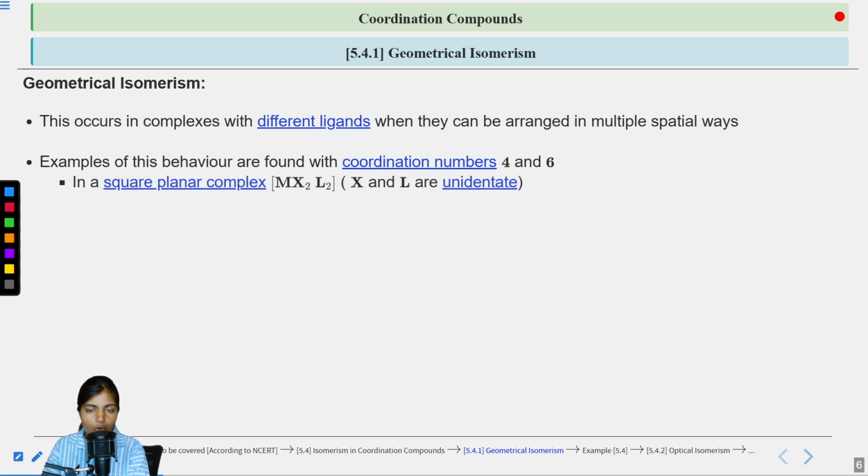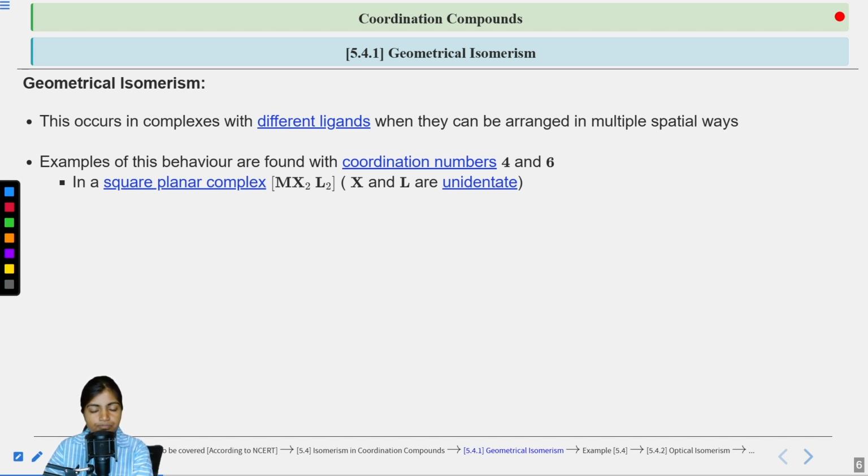In a square planar complex of type MX2L2, where X and L are different ligands and they are unidentate, that means only one donor atom is present in the X and L ligand. Generally this geometrical isomerism is found in compounds having coordination number 4 and 6.